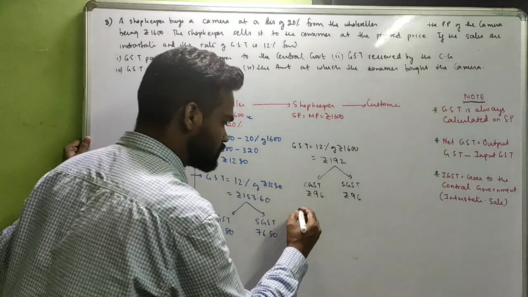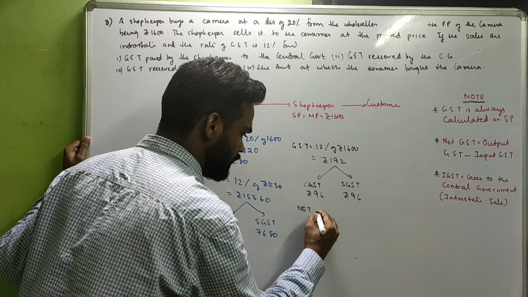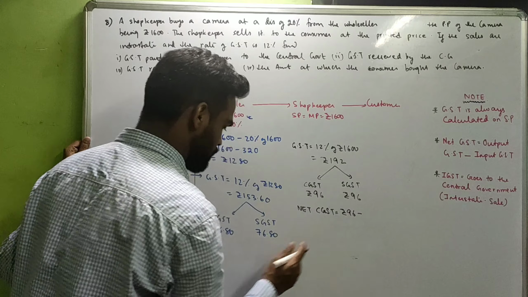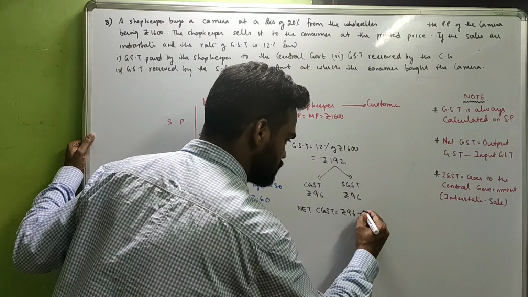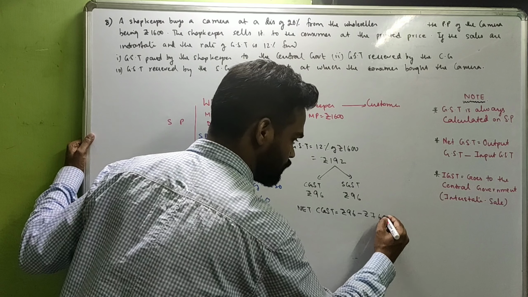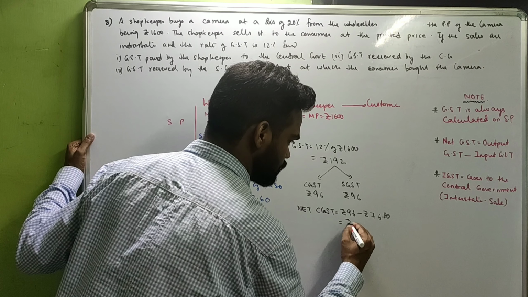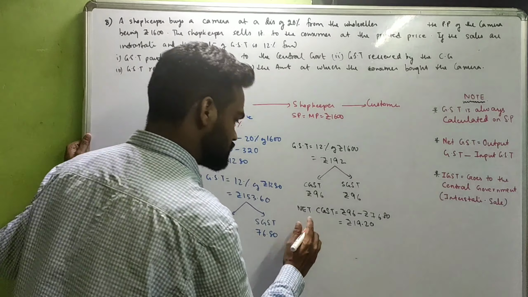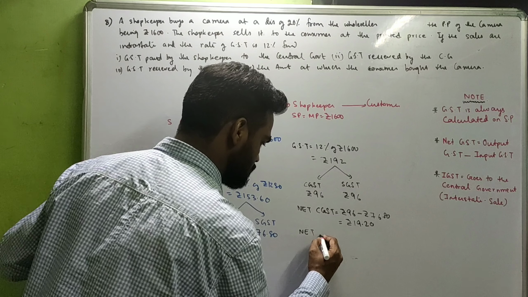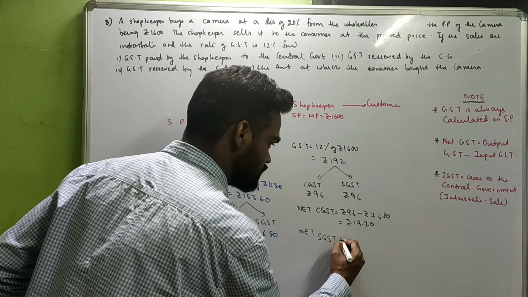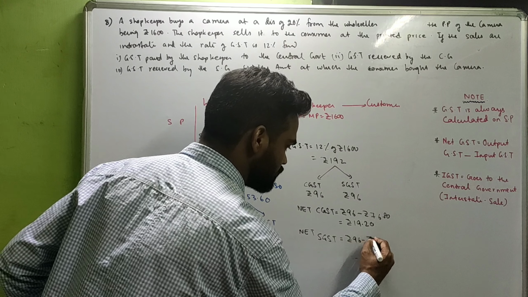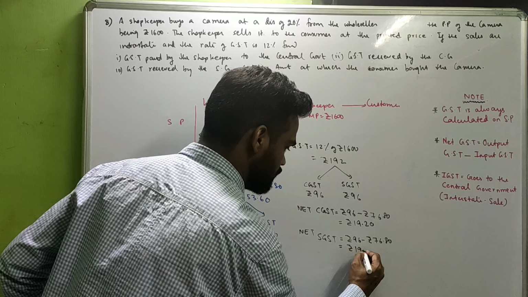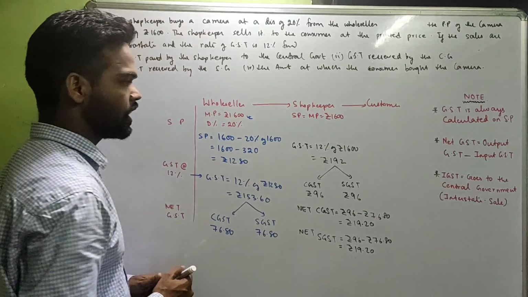Over here we'll calculate the net also. Net CGST is rupees output minus input, which is rupees 96 minus 76.80. That's rupees 19.20. Am I clear? Similarly, net SGST will be again same, rupees 96 minus rupees 76.80. That's rupees 19.20. Am I clear?